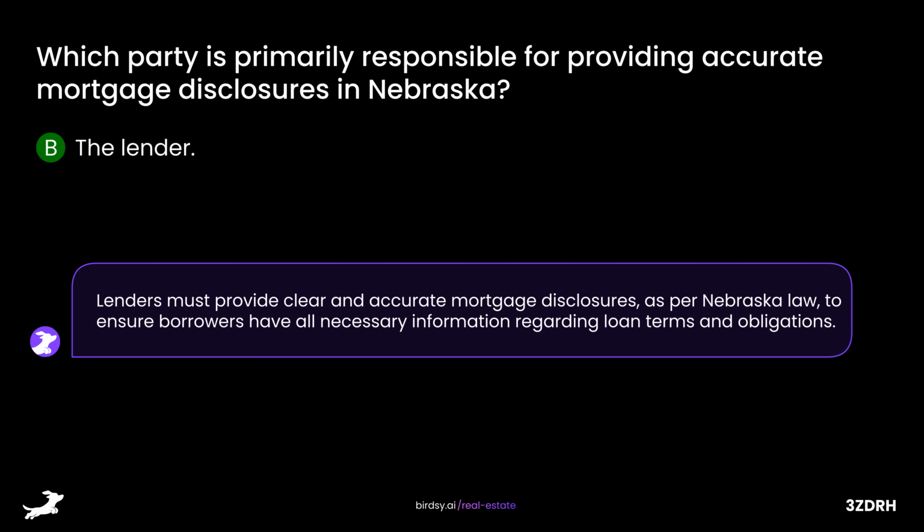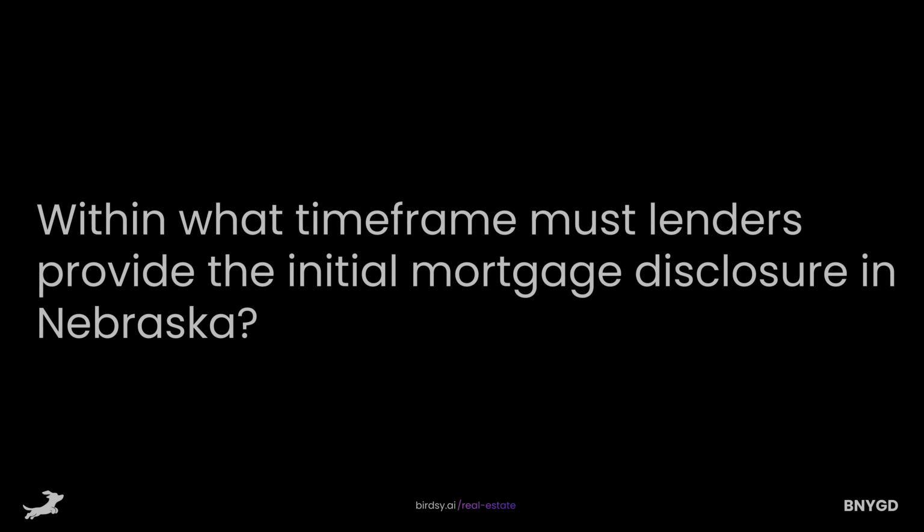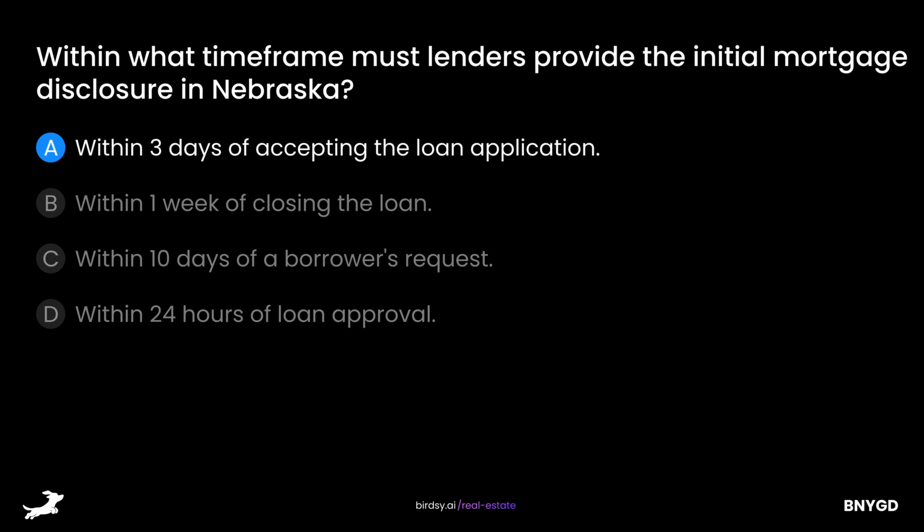loan terms and obligations. Within what time frame must lenders provide the initial mortgage disclosure in Nebraska? Is it A, within 3 days of accepting the loan application; B, within 1 week of closing the loan; C, within 10 days of a borrower's request; or D, within 24 hours of loan approval?